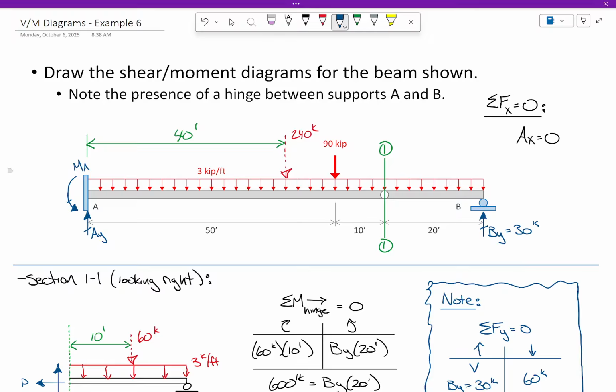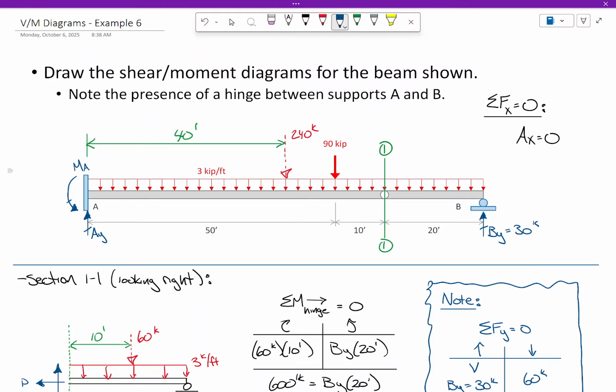And then I'll repeat this on the screen here in a second. So what do I have going up? I've got AY going up. I've got BY, which is 30 kips going up. What do I have going down? 240, 90. Does that make sense?